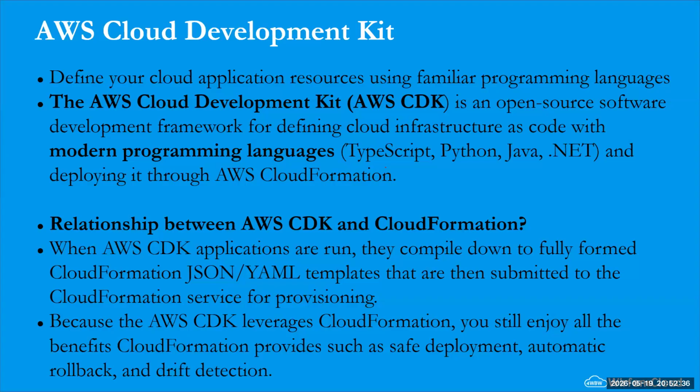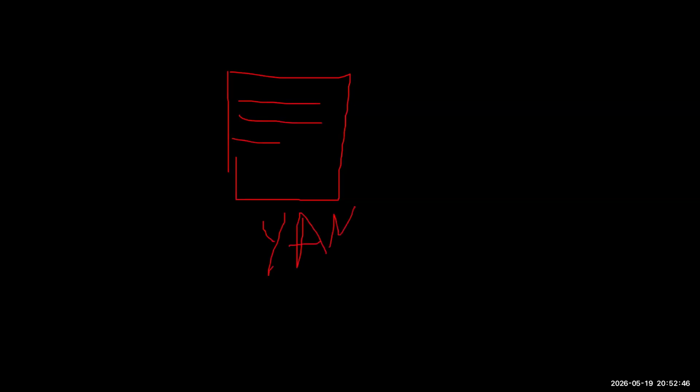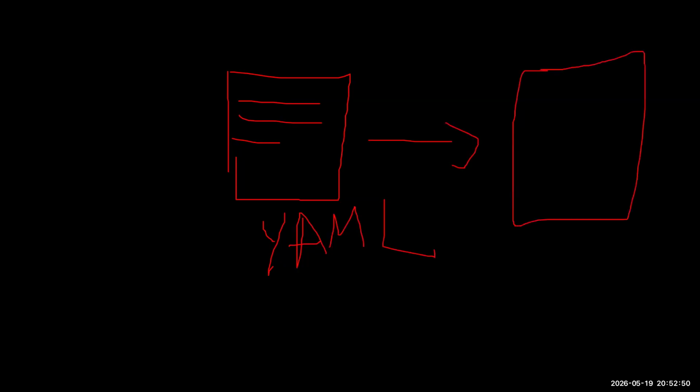So it's like moving a step back. You can decide and write all your code using YAML and then you give it to CloudFormation, and it will go ahead and provision your resources.